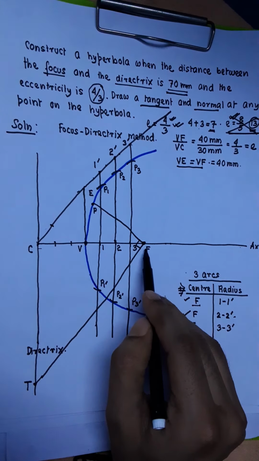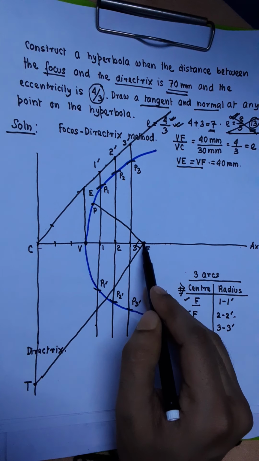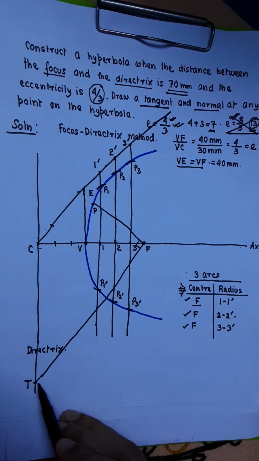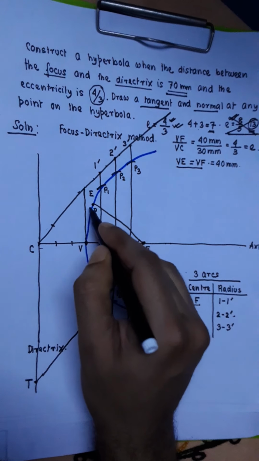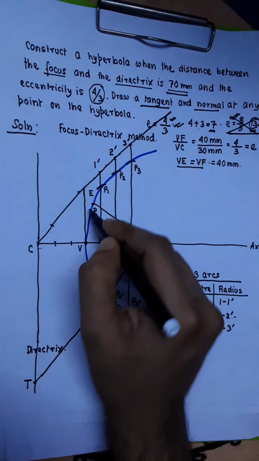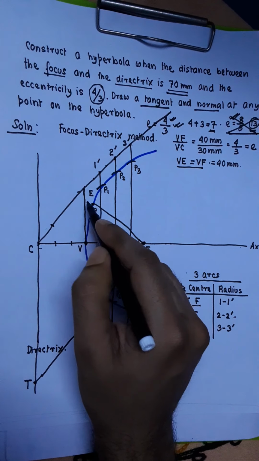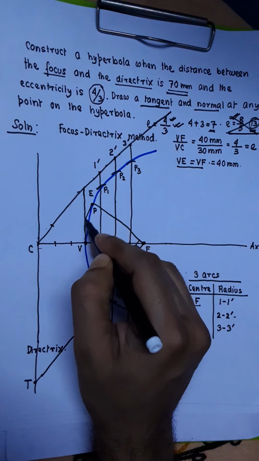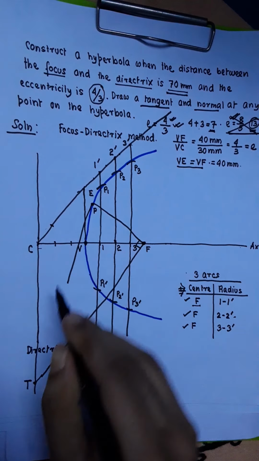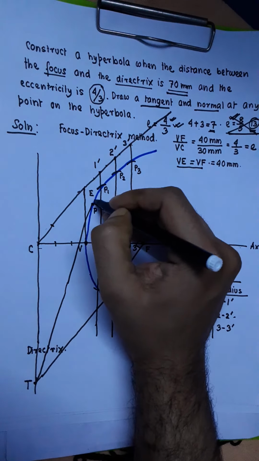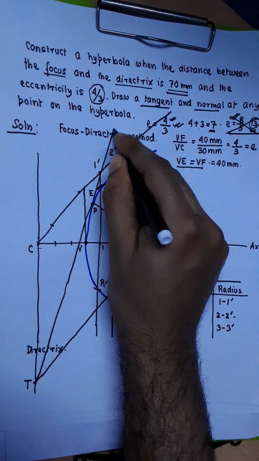So you will get the line PF. Now construct a perpendicular to PF and extend it up to the directrix. The point where this intersects the directrix, that point you call as T. Now you simply join this T with the chosen point P. Join this T and P and extend.